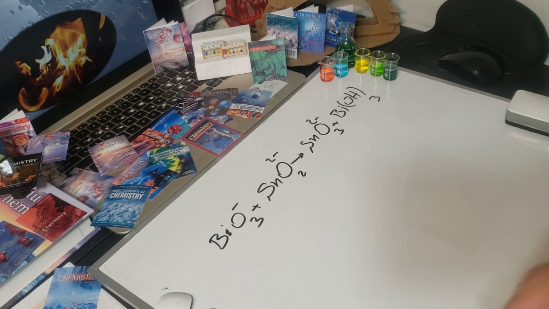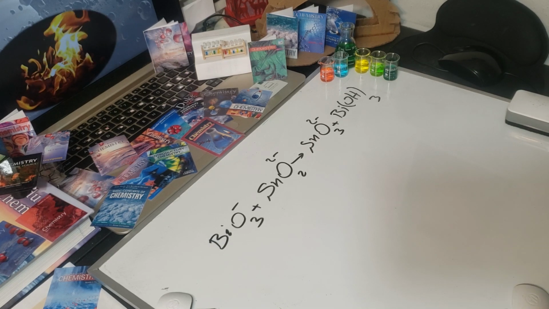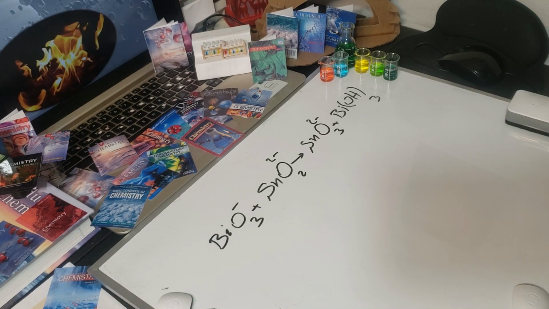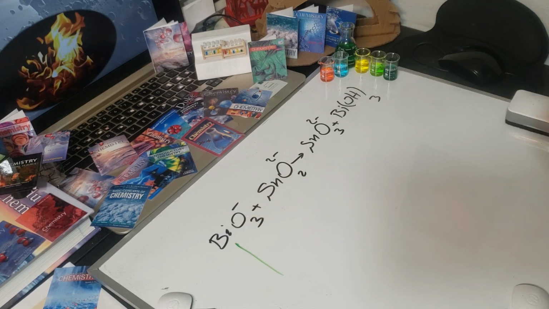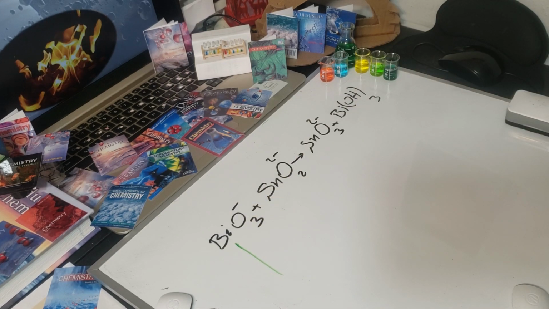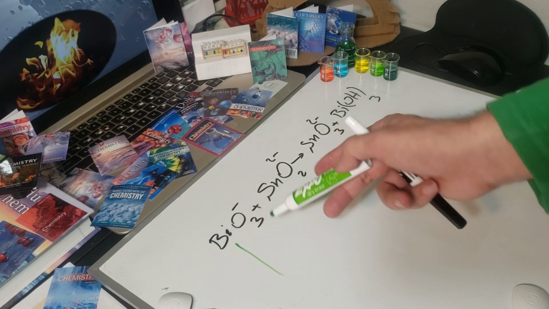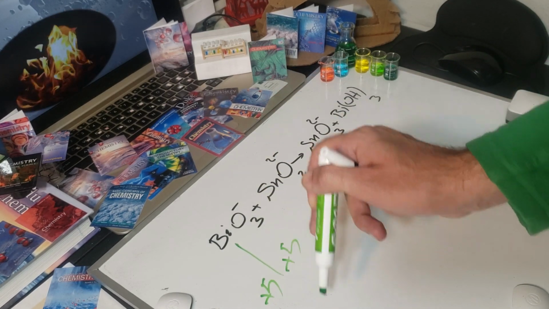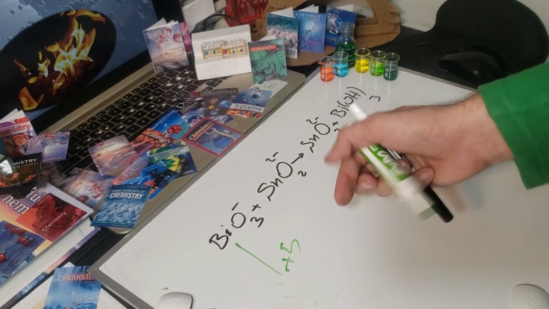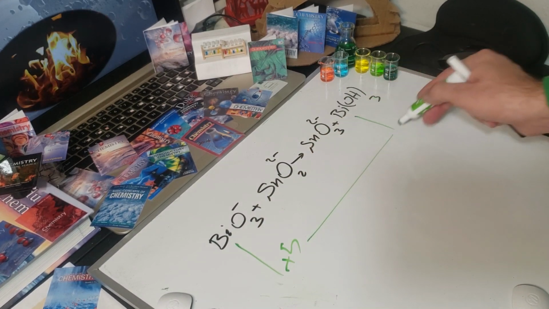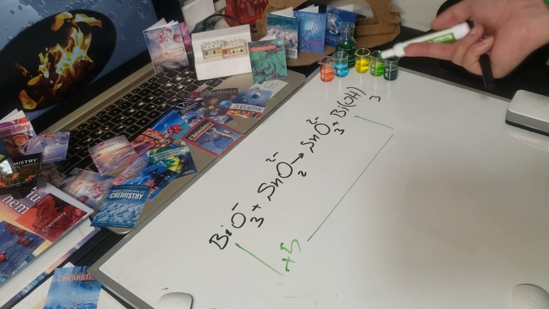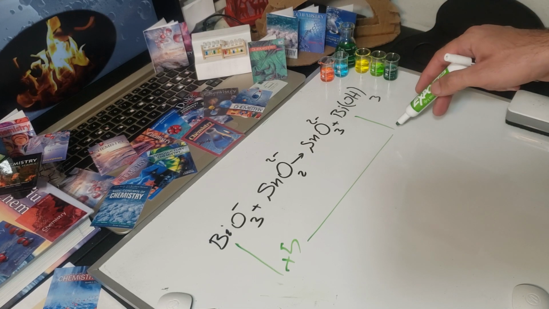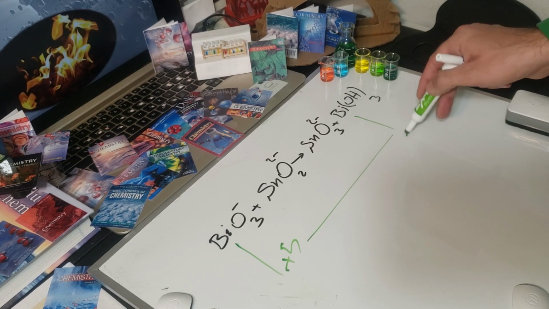Let's go to the equation. I've got bismuth with 3 oxygens, so bismuth minus 6 is minus 1, so bismuth should be +5. Make sure you see this. It goes to here, where bismuth minus 3 is 0, so that would be +3.